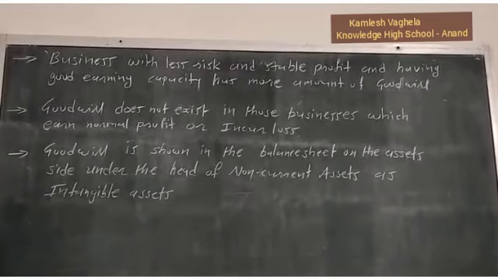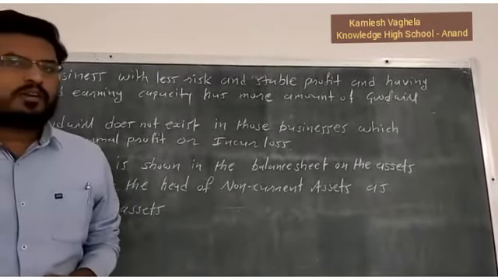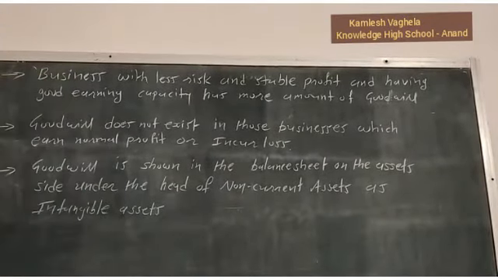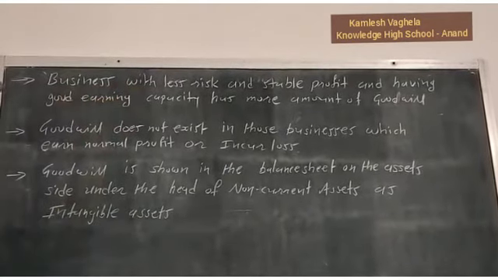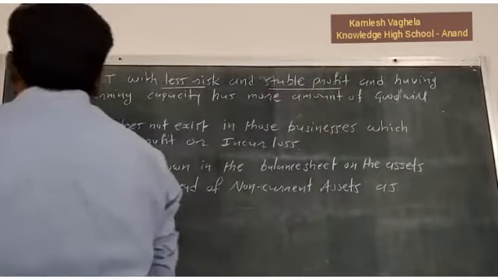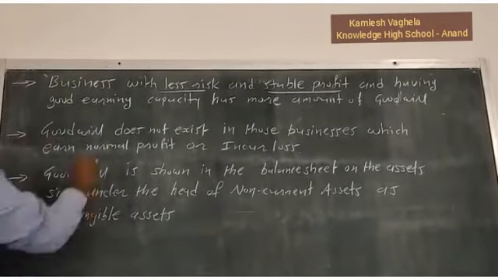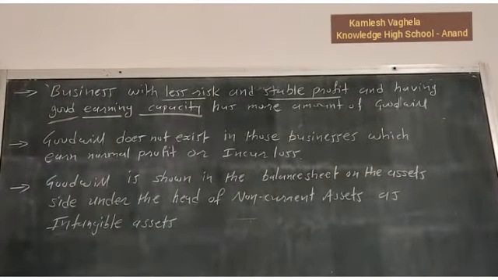Okay, now which firm has goodwill and which firm does not have value of goodwill? So here remember, a business with less risk and stable profit, having good earning capacity, has more amount of goodwill.